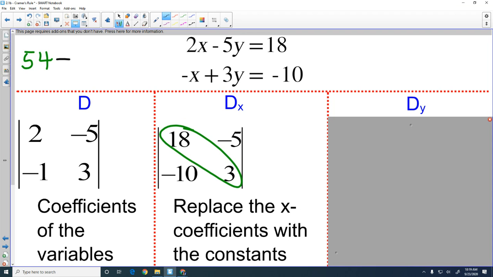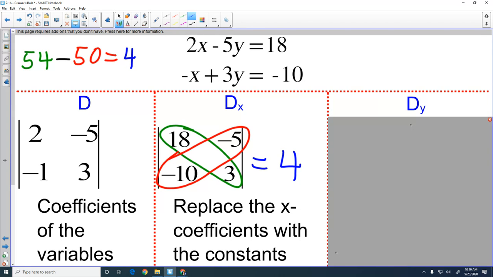And always put the minus sign right away because you're subtracting. And now look at that opposite diagonal. -10 times -5 is positive 50. And when we subtract these, nice and easy, 54 minus 50 is just a 4. So that's it. That's the dx we're going to use. So that number is a 4.